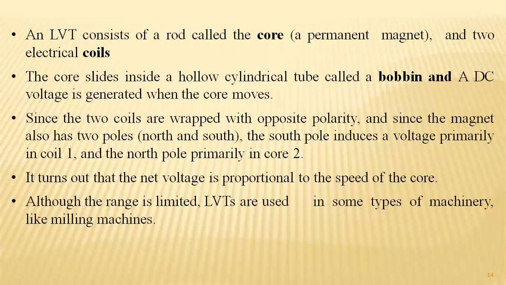Because of these two coils, which are wrapped with opposite polarity, and because this magnet has only two poles, north and south, the south pole induces the voltage that is primarily conducted in coil number 1, and the north pole refers to the primary in coil number 2, as displayed clearly in the diagram.